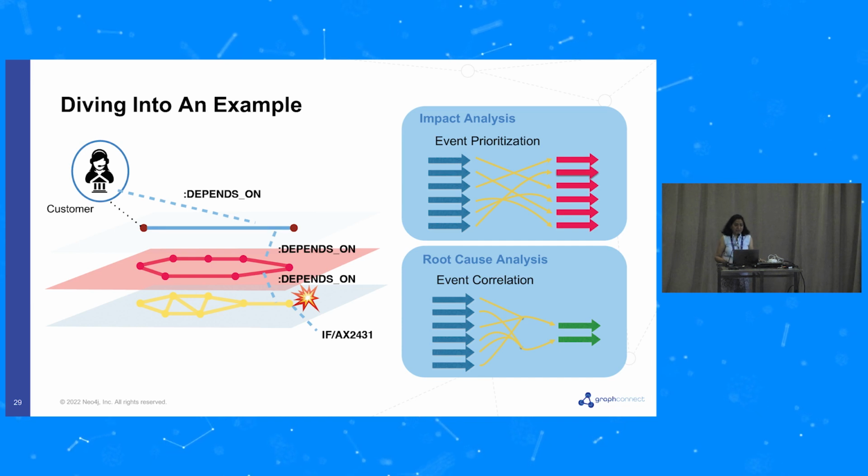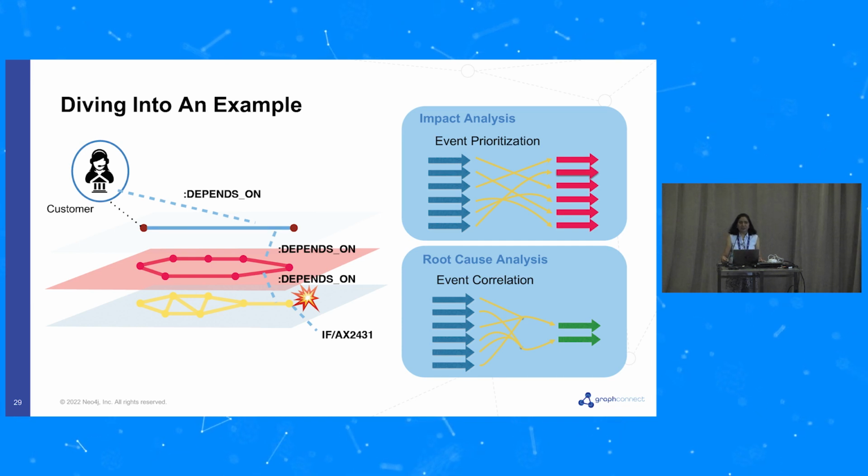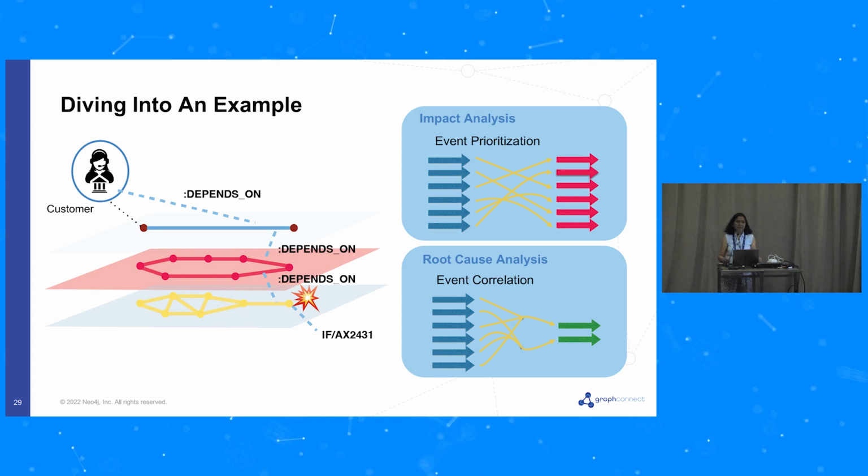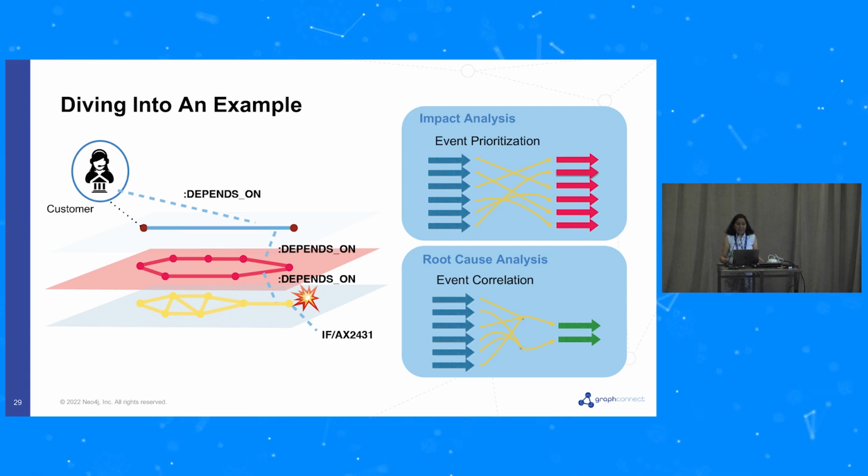Next, we have root cause analysis, and for root cause analysis, we use event correlation. Here, I'm going to give you an example. Let's say there's a failure of service, right? Whenever a failure of service occurs, it's not going to occur as a single event.